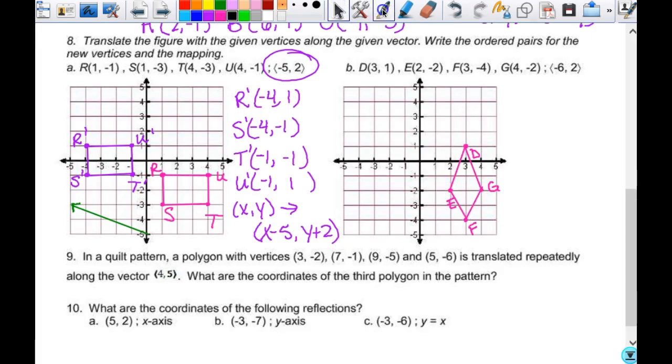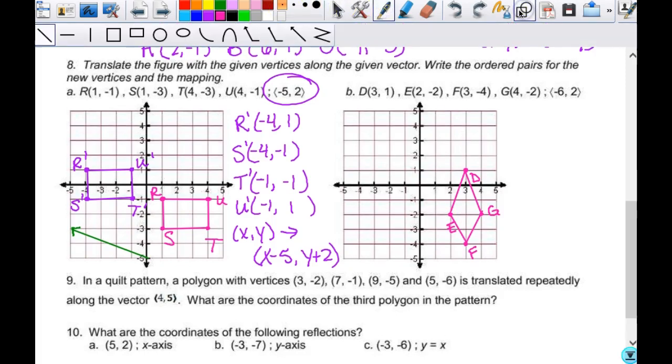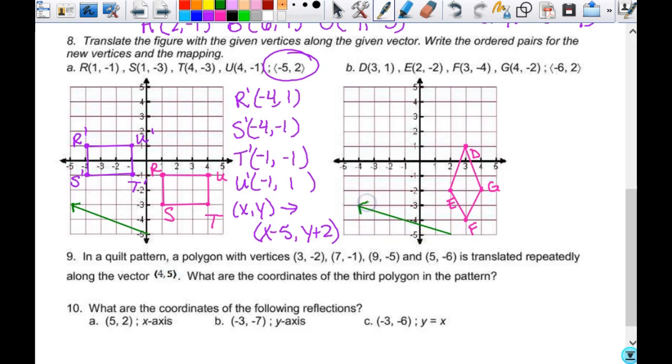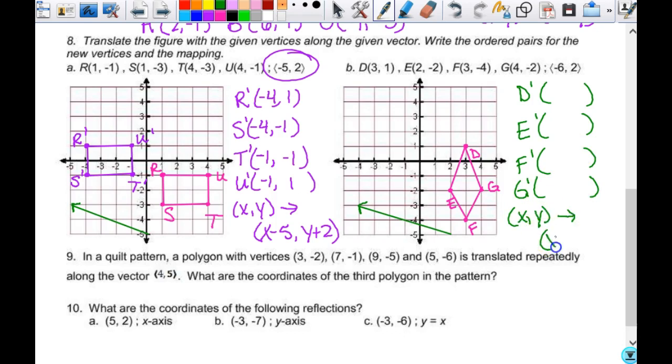Alrighty, so I draw in my vector. Start here. I'm going to go negative 6, 2. So it's going to look like that. I'm going to need D prime, E prime, F prime, G prime. My mapping xy maps to x minus 6, y plus 2.